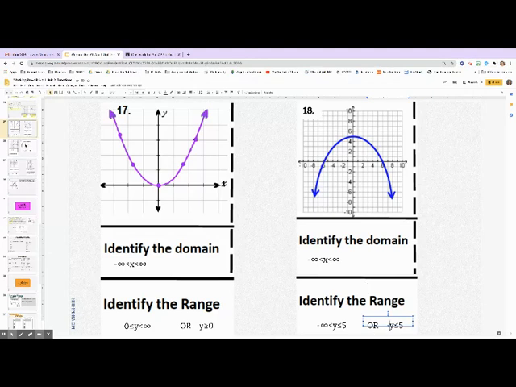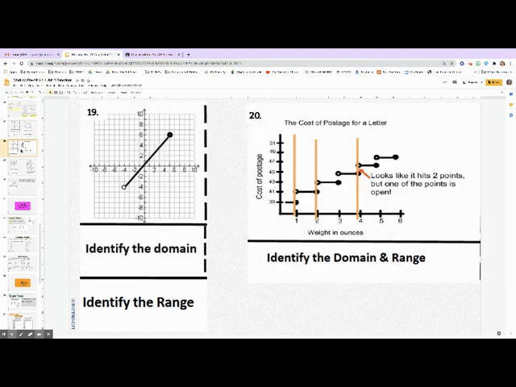Okay, so let's look at the next slide, slide 29. Identify the domain. So we are going to go left and right. So how far left does it go? It goes to -4. And then how far right does it go? It goes to +5.